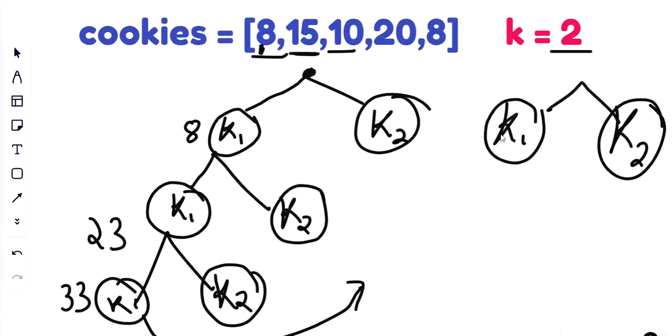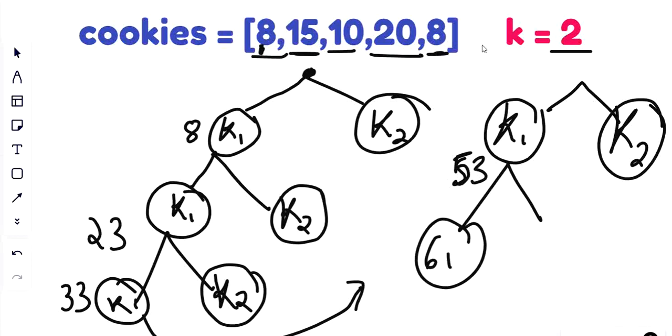Now again I am giving this bag as well to kid 1, so it will become 53. So right now kid 1 is having 53. Again we are having a choice, as we do have some more bags. This is the last bag, so I will give this as well to this kid, so it will become 61, right? So now I can see I ended up this whole cookie list.